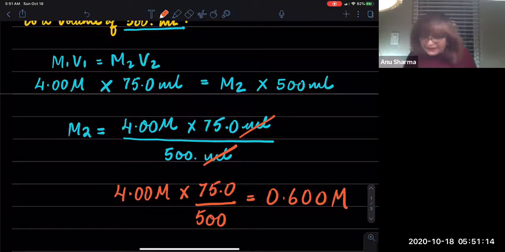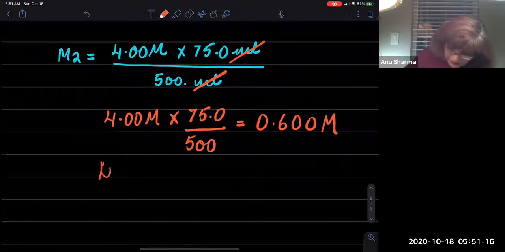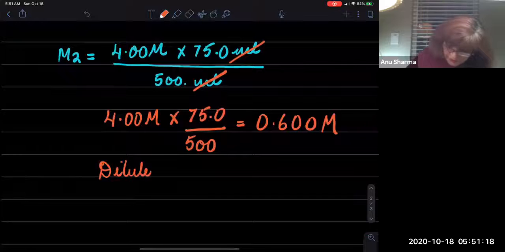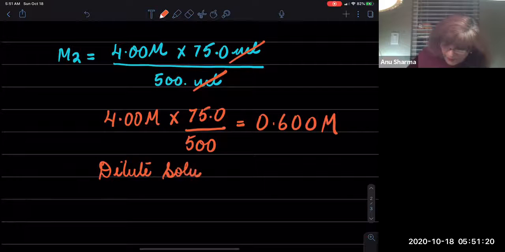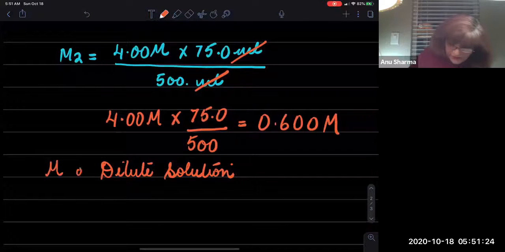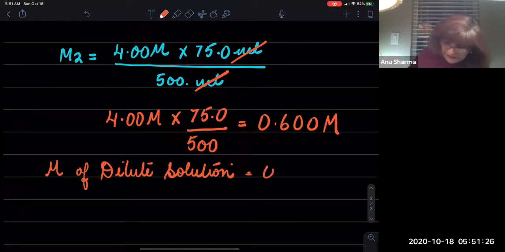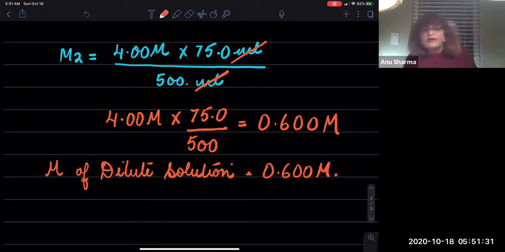This is the value for the dilute solution. The molarity of the dilute solution is 0.600 M. All right, so that is how you do dilution problems. I hope that you find this helpful, and thank you for watching. Bye-bye.